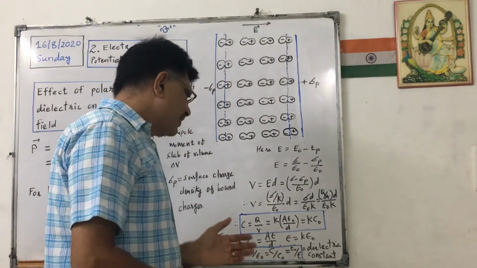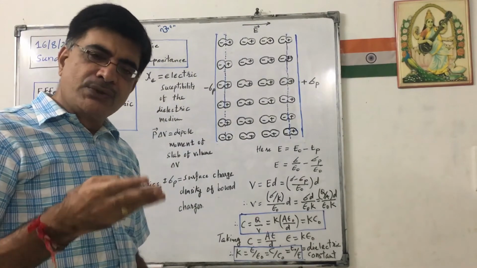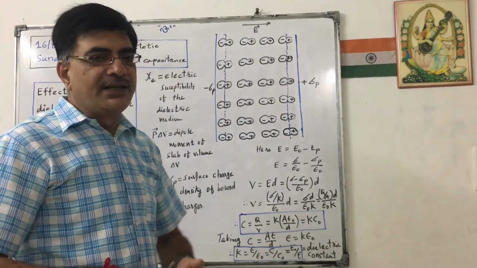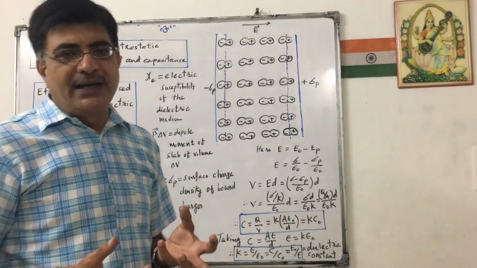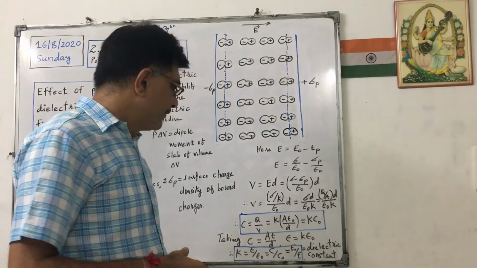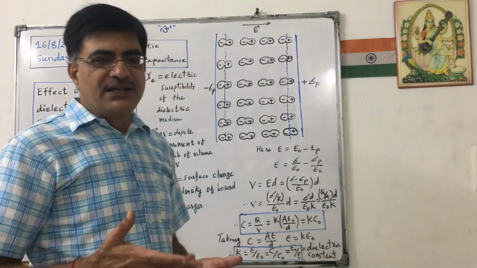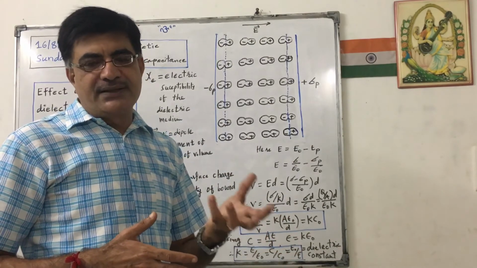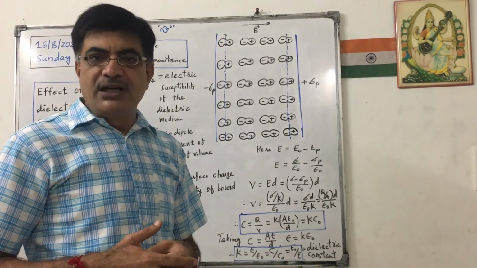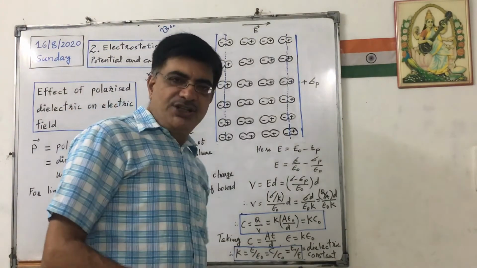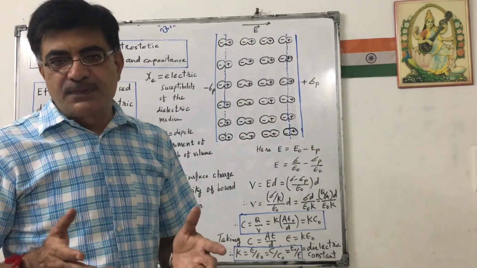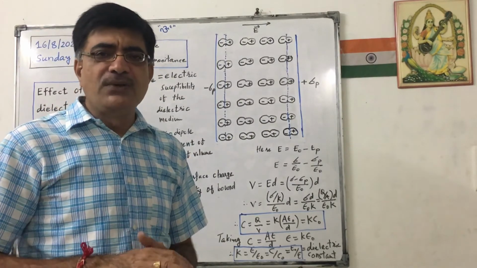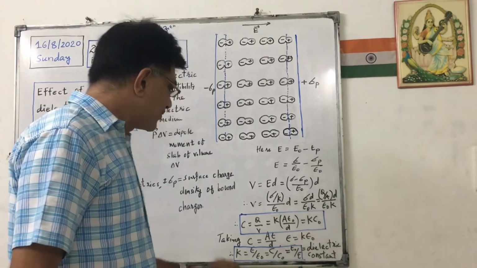Capital K can be defined in these three ways: first, epsilon upon epsilon naught, the permittivity of the medium and of free space; or C upon C naught, capacitance in presence of dielectric slab and in free space; or E0 upon E, electric field in free space and net electric field in presence of dielectric slab. So that is called capital K.